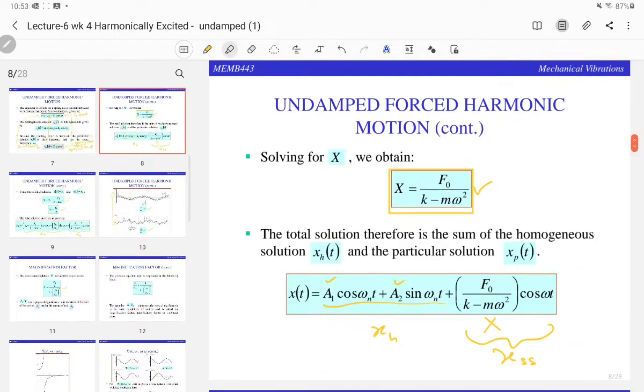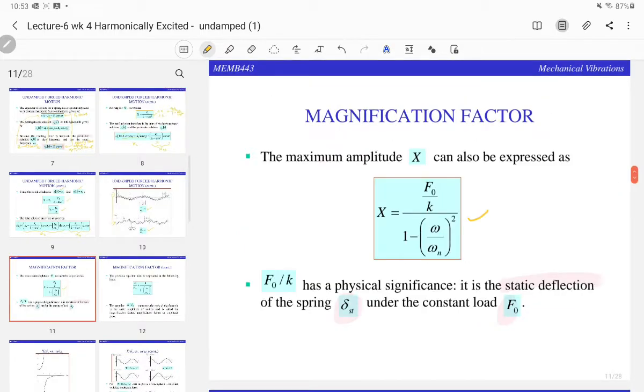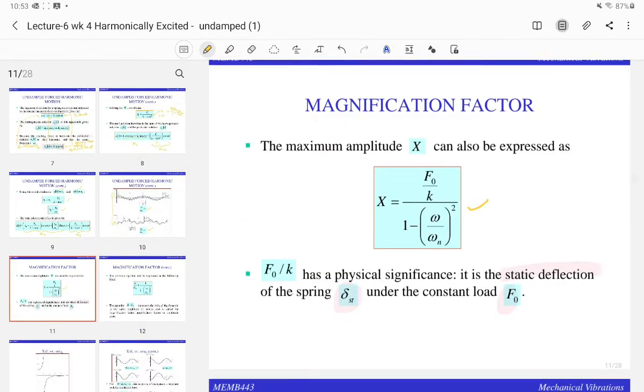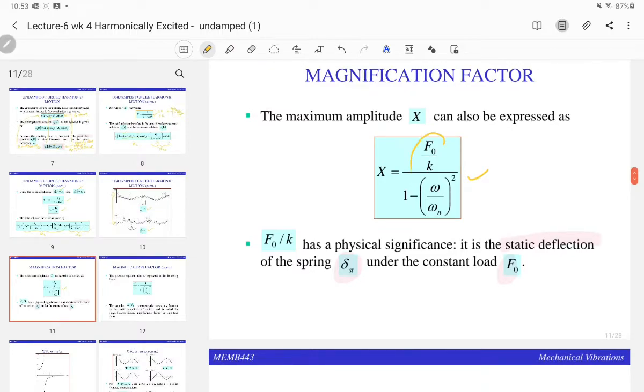If you remember from this one, what you basically do is divide it by k. So that's how you get f naught over k, and also k divided by k is 1, minus, so m divided by k is omega n square. That is how you get this equation.